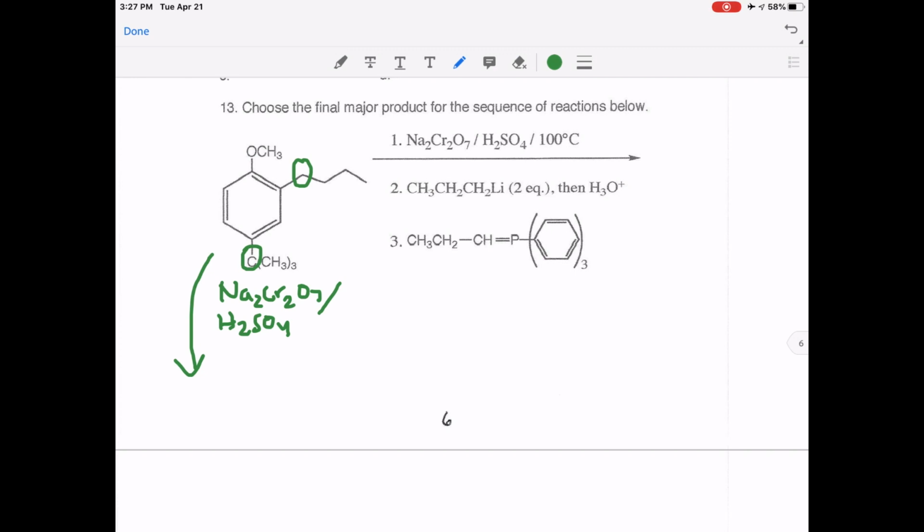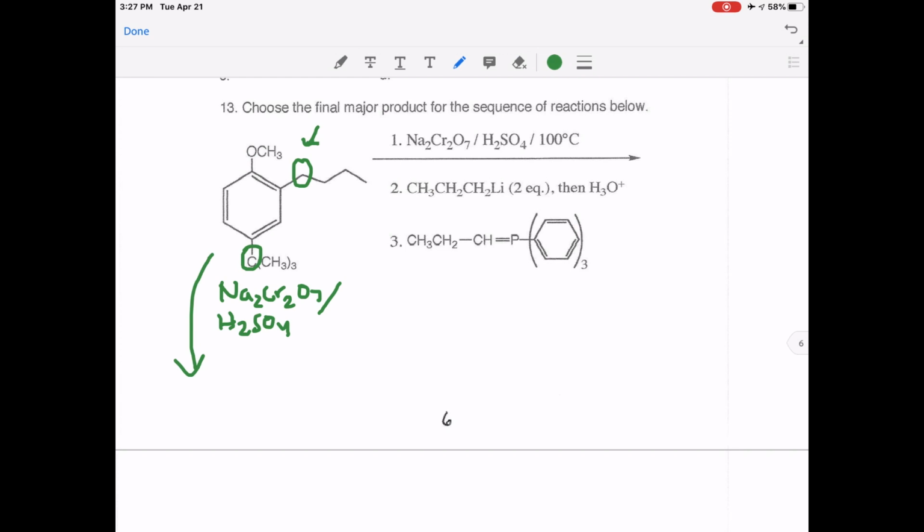When you look at these 2 benzylic positions, the first thing that should come to your mind is that this benzylic position is actually not completely substituted. What I mean by that is that it's not completely attached to 4 substituents that are not hydrogen.